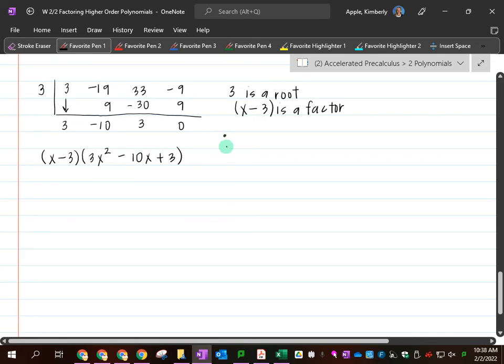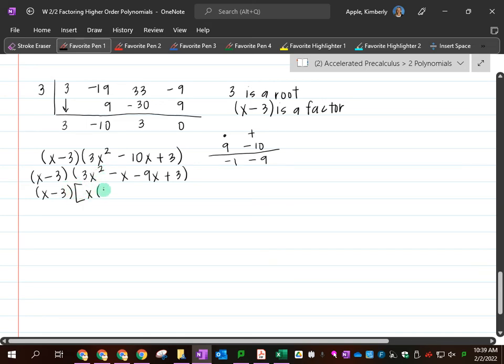We're looking for two numbers that multiply to positive 9 and add to negative 10. It's like negative 1 and negative 9 will work, right? Negative 1 times negative 9 is 9. Add these together. So I gotta set this up as a factor by grouping. So this will be 3x squared minus x minus 9x plus 3. Split that middle term according to these special numbers, and then I can factor by grouping.